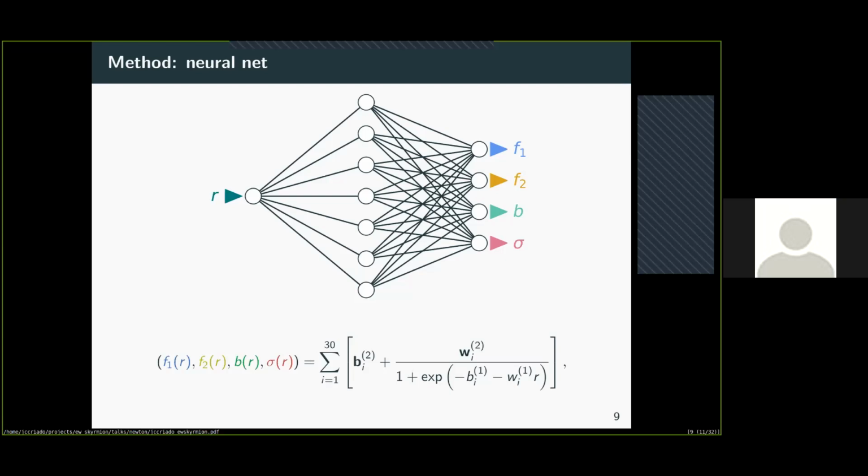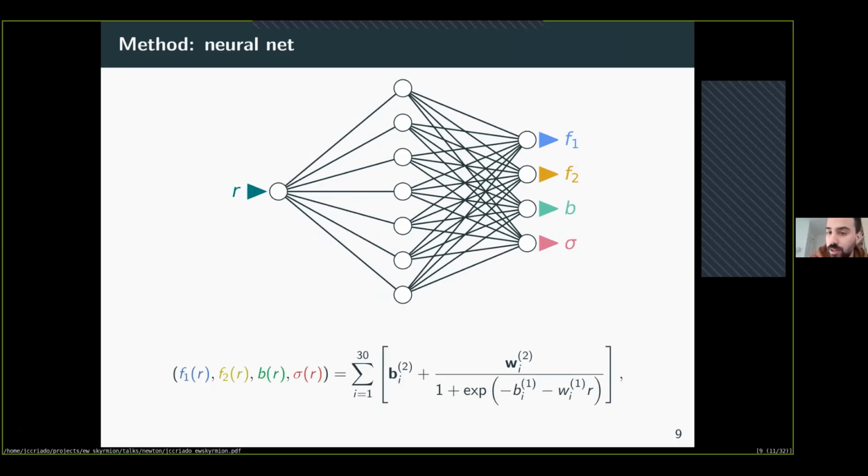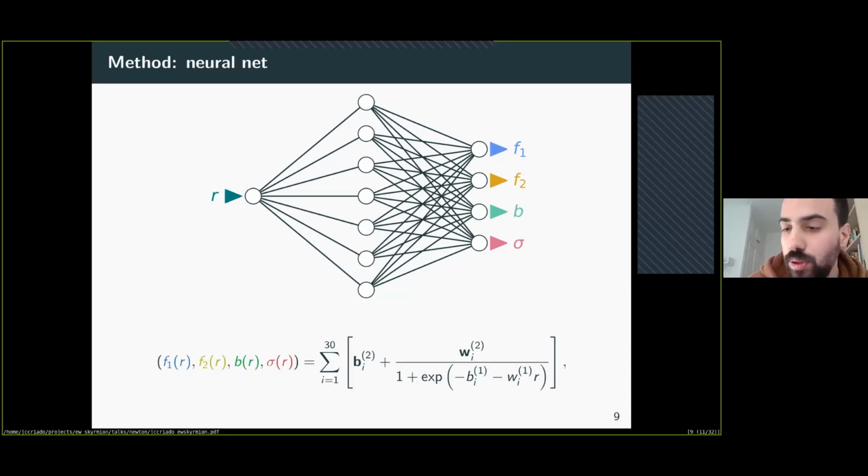Are they distinguished? Yeah. So this is first an affine transformation, which is the W1 and B1, then a sigmoid, and then you get to this hidden layer, and then you apply another affine transformation over this. These are W2 and B2.